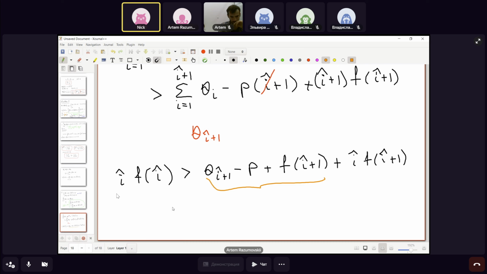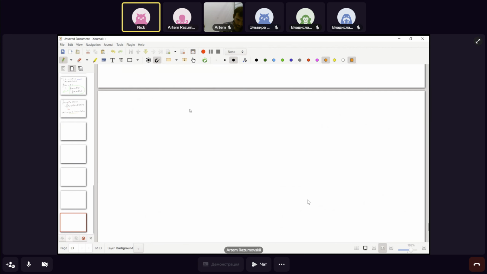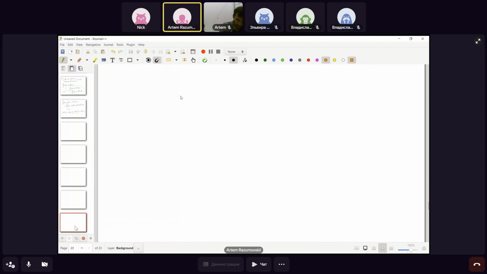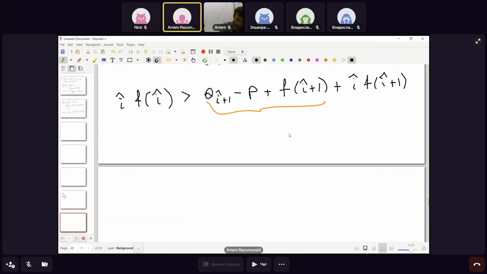It's just the utility of the one who buys. It's the utility of the I hat plus 1, no? Yes, it's the utility of the next guy who potentially can join. Right, so then we can write it on the left.